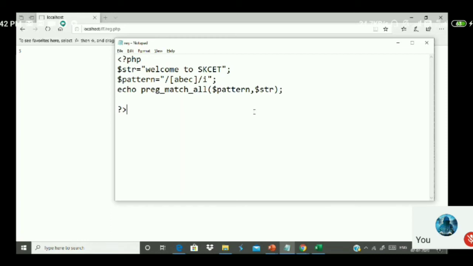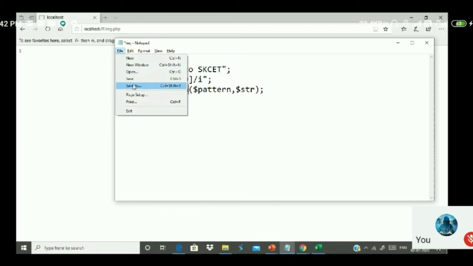Now, I want to verify whether my string has anything from 0 to 9, that is, whether any digit exists in my string. Listen here, preg match. Anything from 0 to 9 exists in my string?